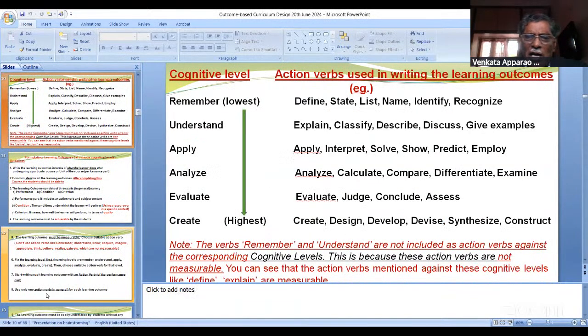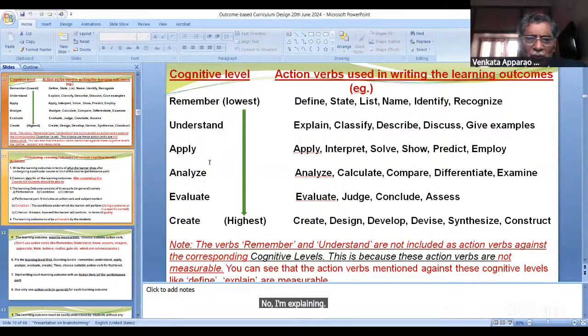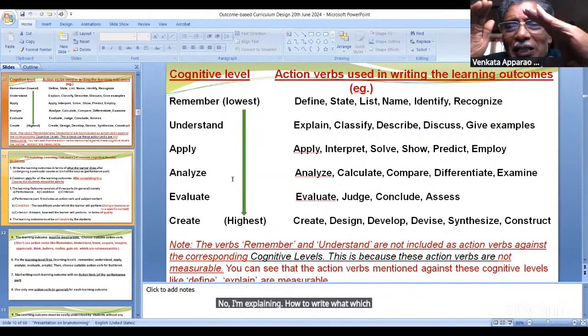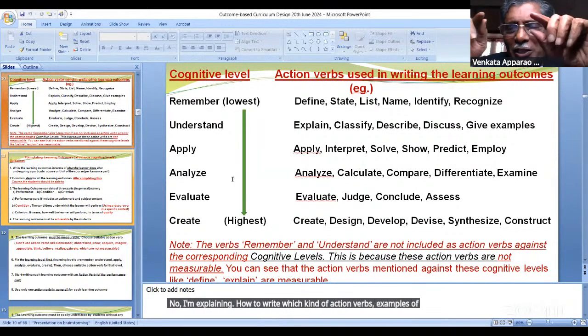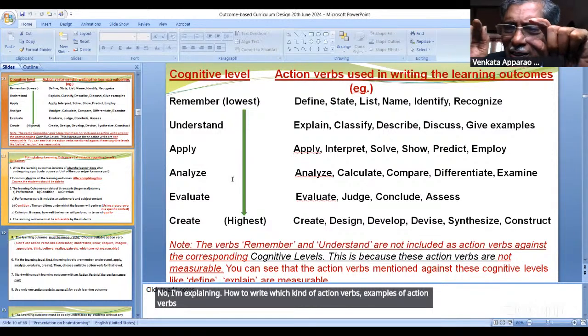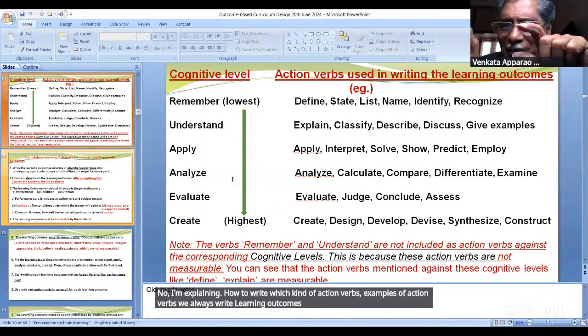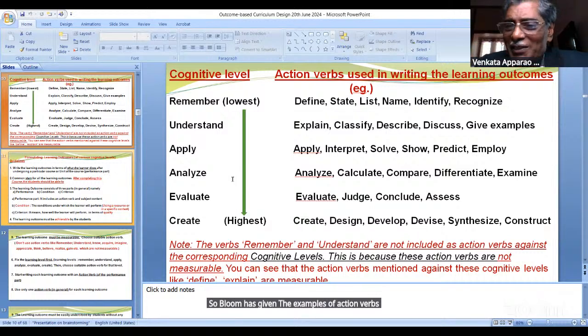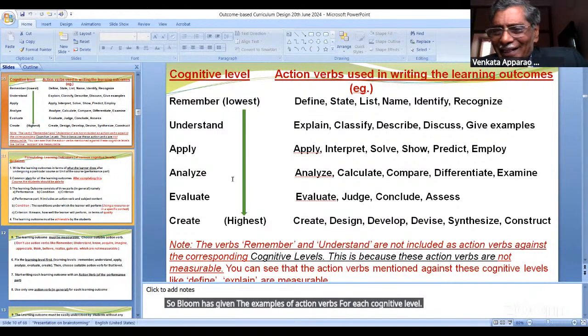Now, I am explaining how to write, which kind of action verbs, examples of action verbs. We always write learning outcomes using action verbs. So Bloom has given the examples of action verbs for each cognitive level, right?